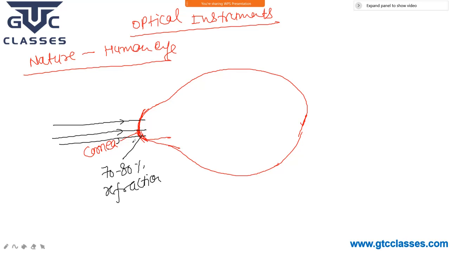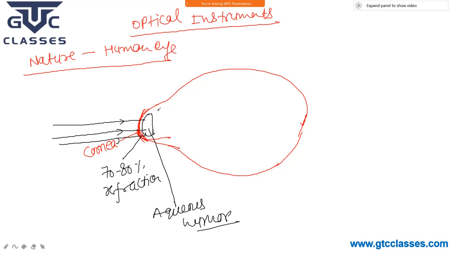Now once we go inside, in this region there is some liquid. We call it aqueous humor. Aqueous humor is nothing but a jelly-like liquid, and further the light rays get refracted.